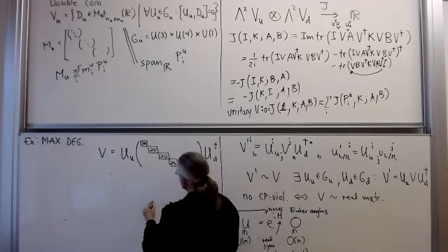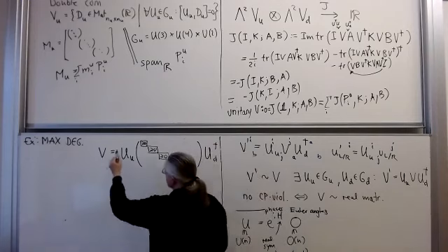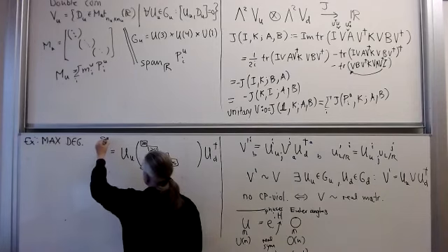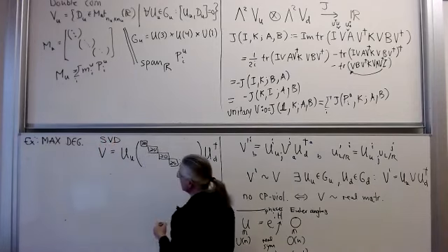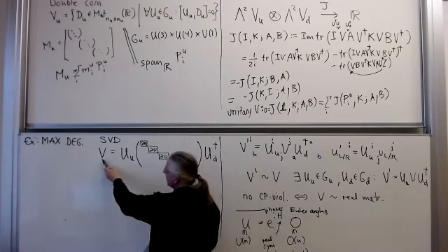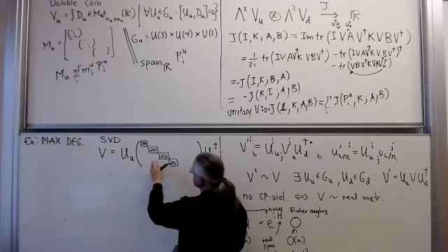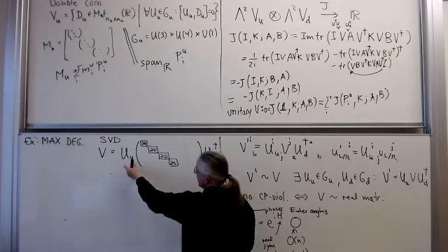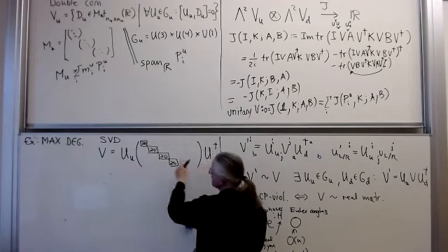So there is a theorem in matrix theory called singular value decomposition, which says that you can always take a rectangular matrix and write it as a positive diagonal matrix and then 2 unitary matrices.